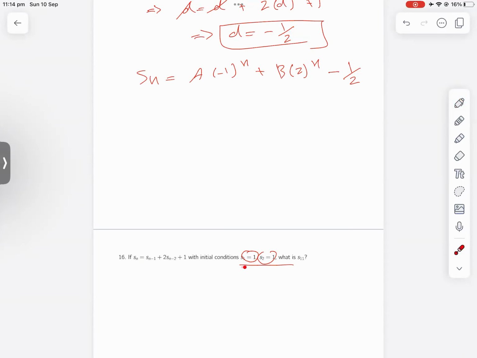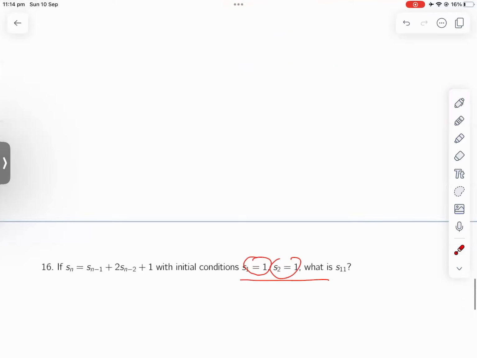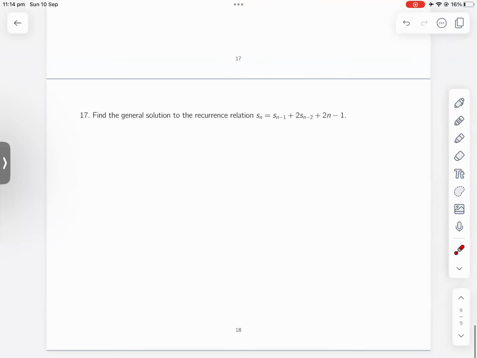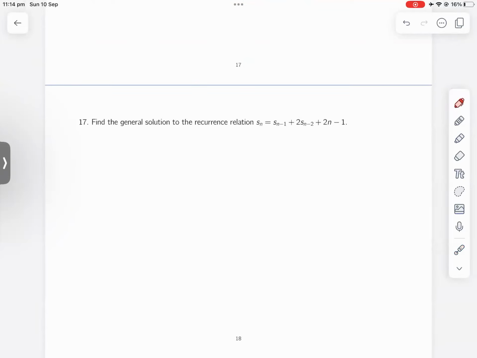So by using these two conditions, S1 and S2, you can find A and B. I keep saying initial value or boundary condition because this topic looks like solving constant coefficient ordinary differential equations. So I don't do that, but instead I can do this one.